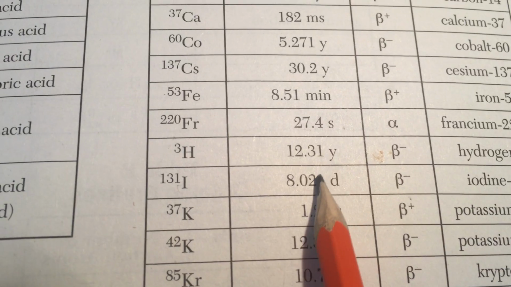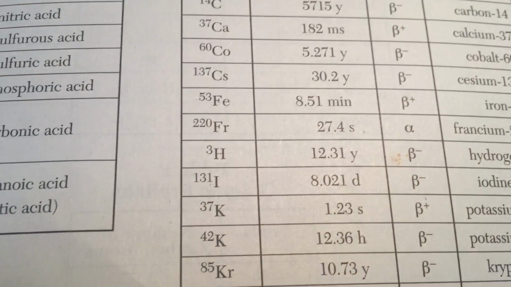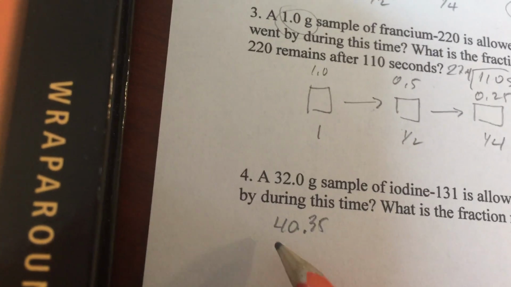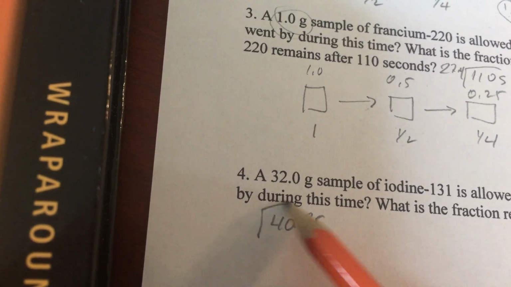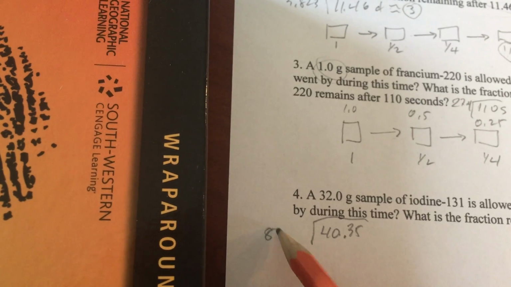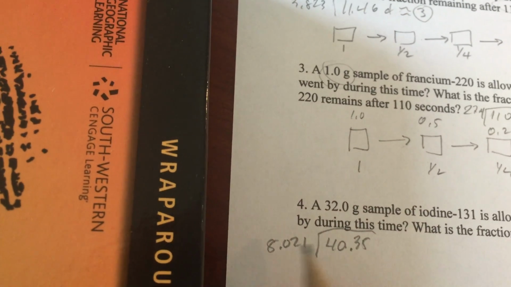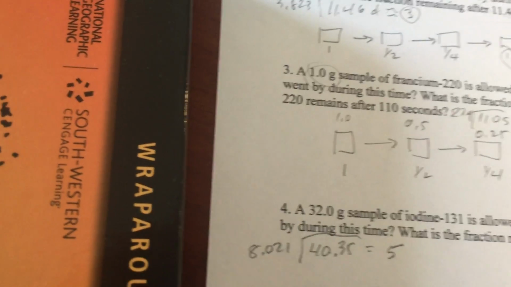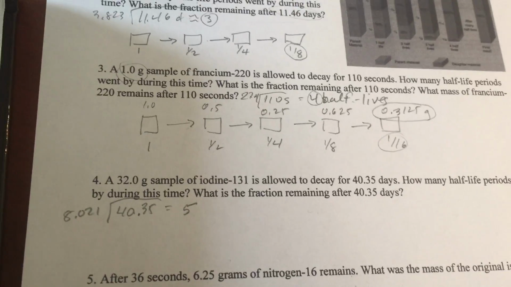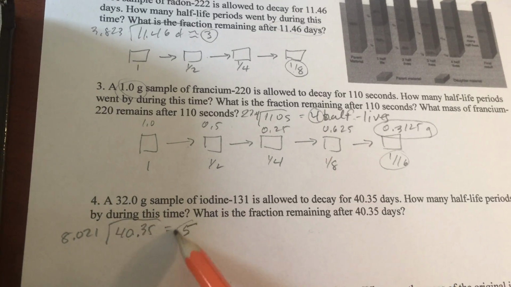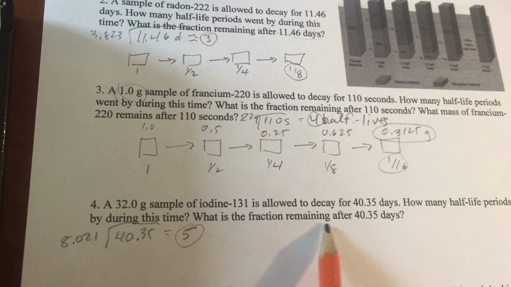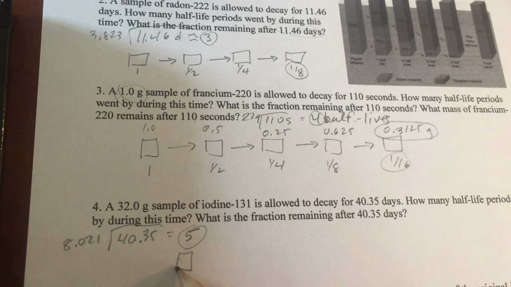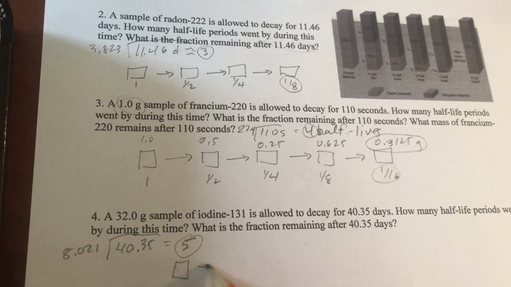Iodine-131, half-life of 8.021 days. 8.021. 8 times 5 is 40, so it's pretty much going to be 5. Okay? How many half-life periods went by? 5.